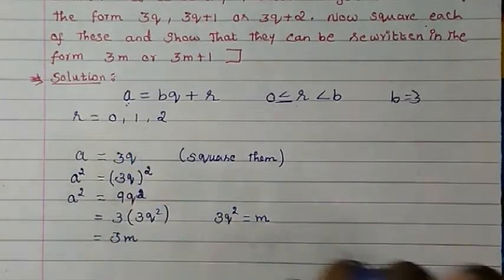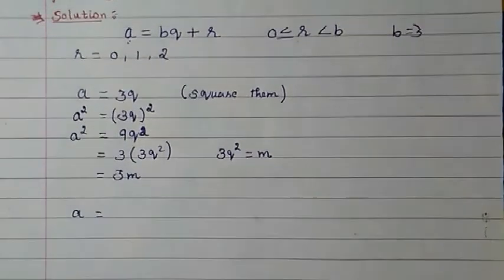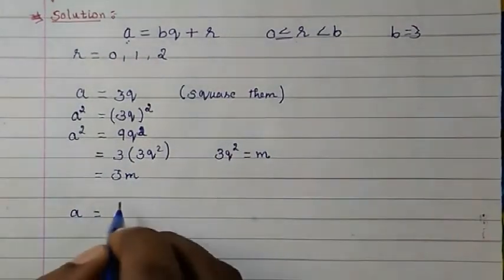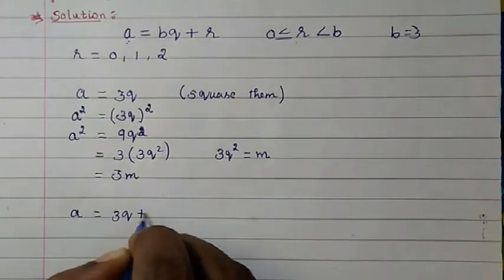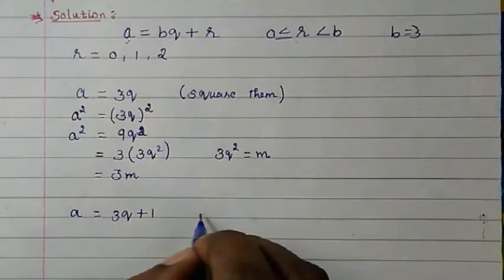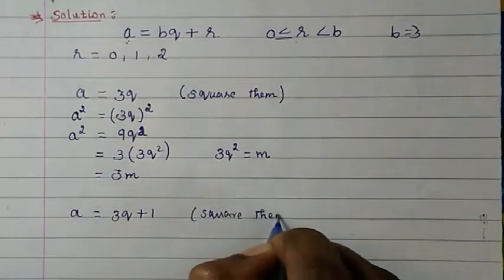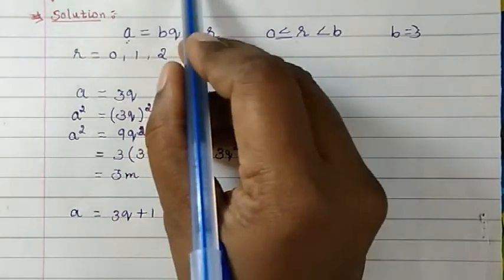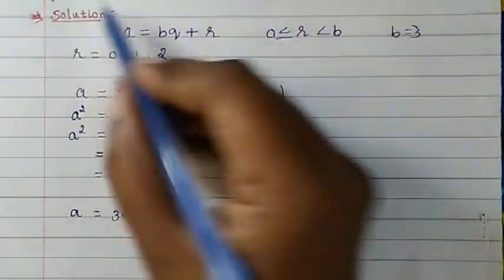So if r is equal to 1, then we'll have a equal to 3q plus 1, the remainder 1. Now square them. Why? Because it is given to us, either 3q, 3q plus 1 or 3q plus 2.